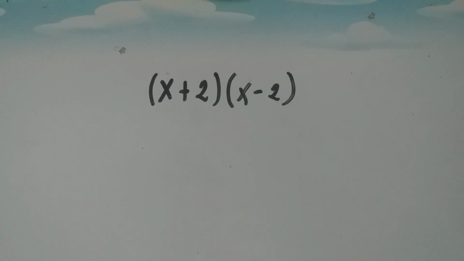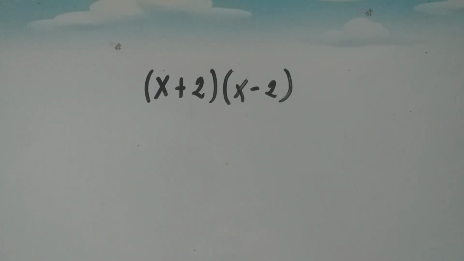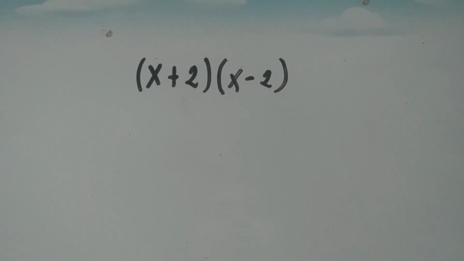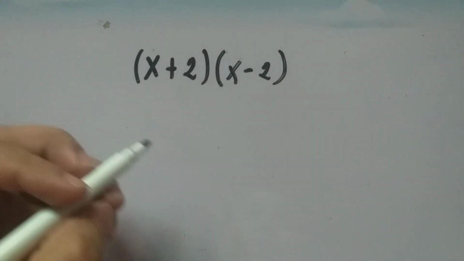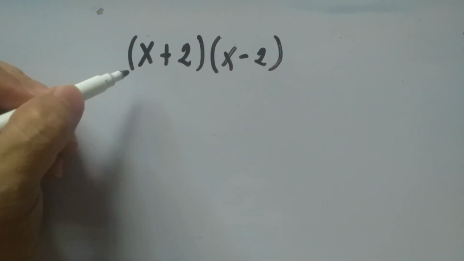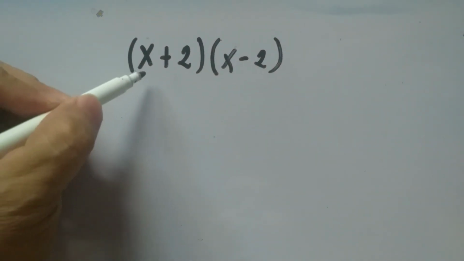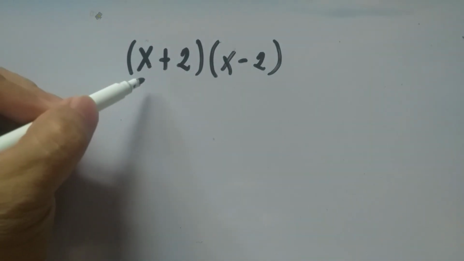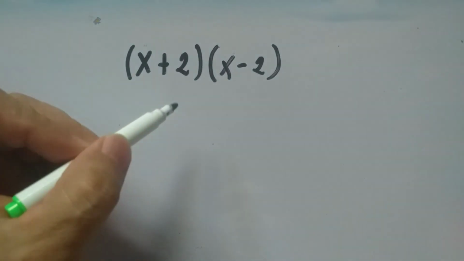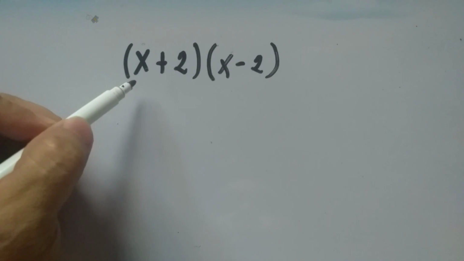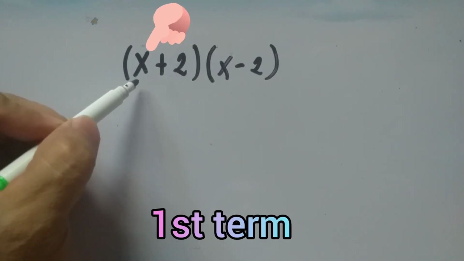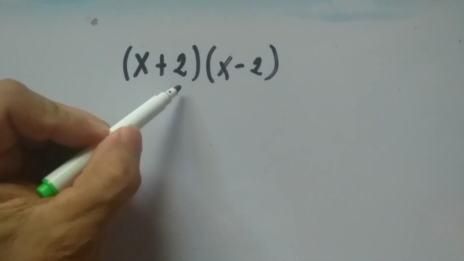Okay, this time we're going to get the product of two binomials, which are the sum and difference of two terms. So as you can see, given this product x plus 2 times x minus 2, we have two terms. The first term is x and the second term is 2.